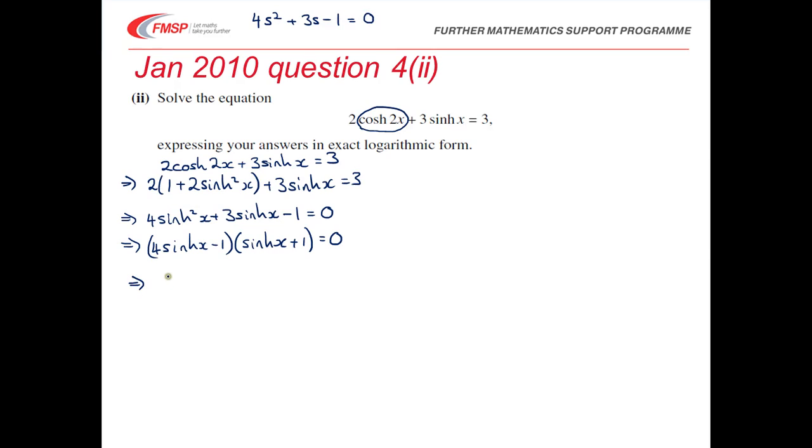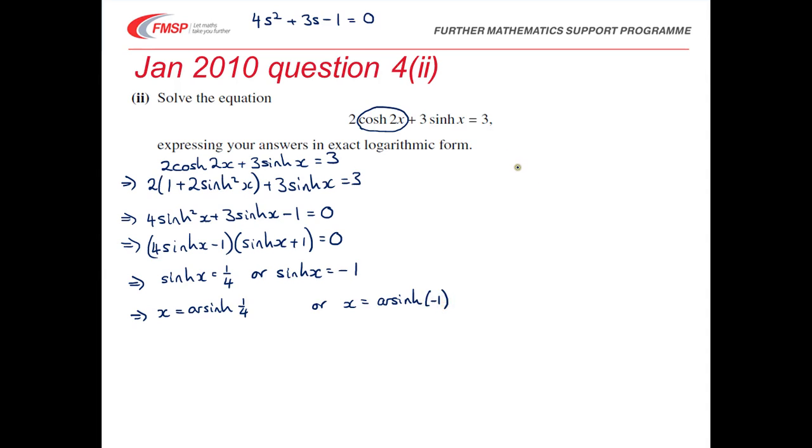So from that factorisation, I get that either sinh x equals a quarter or sinh x equals minus 1. And therefore x is arsinh a quarter or x is arsinh minus 1.